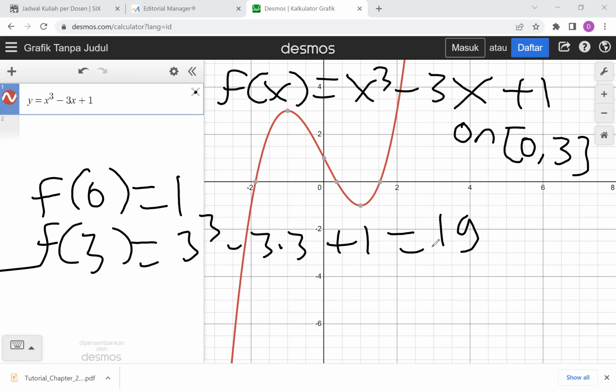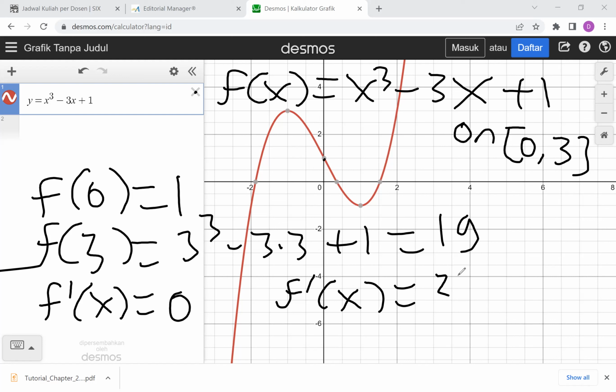Now, you'll see that it's a polynomial, so the function does not have a singular point in this case, only a stationary point. So we should find the solution of f prime of x equals 0. f prime of x is 3x squared minus 3.